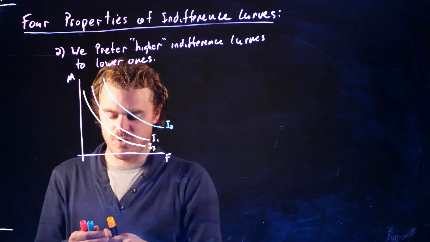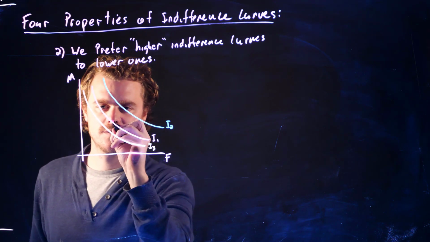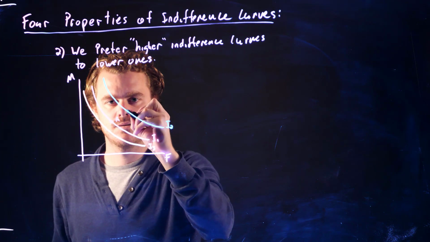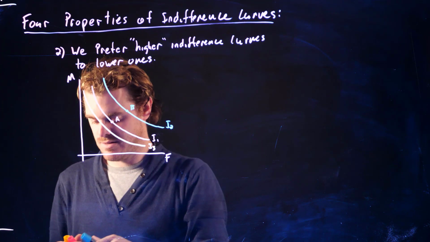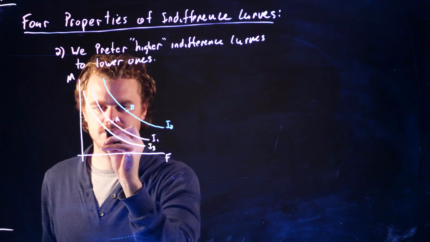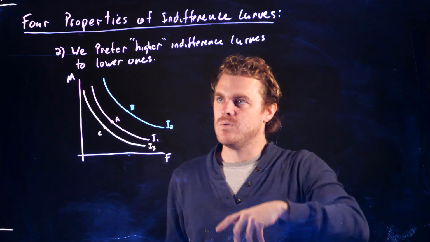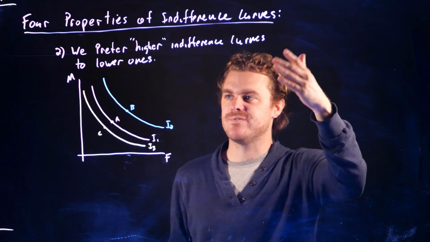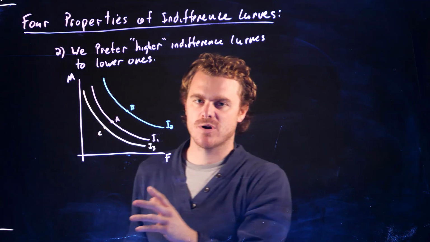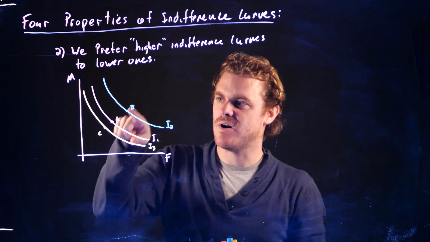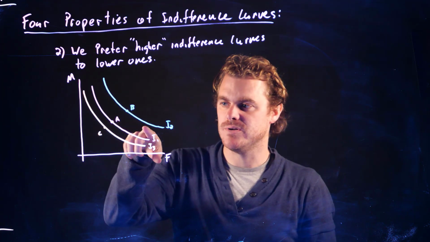Well, let's draw out some points. So this is point A, point B, and point C. And so when we say we prefer higher indifference curves to lower ones, as a consumer, we want to be on an indifference curve that's as far away from the origin as possible.